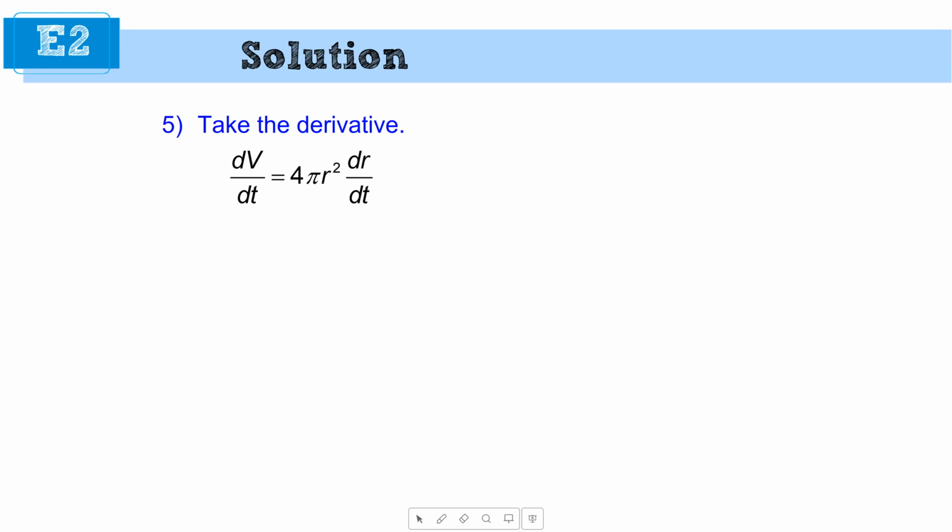Close. It's the surface area of a sphere. If you take the volume of a sphere and you take the derivative, you get the surface area. What happens if you take the derivative of the surface area? No, nothing exciting.